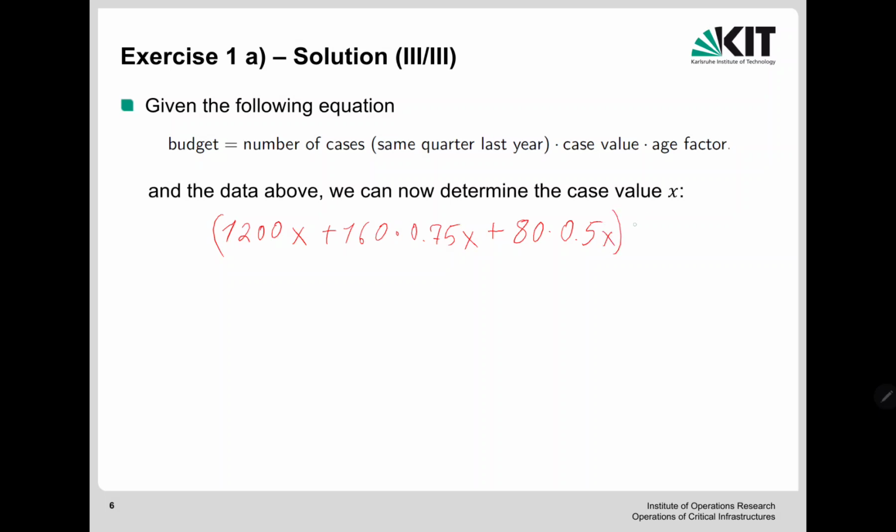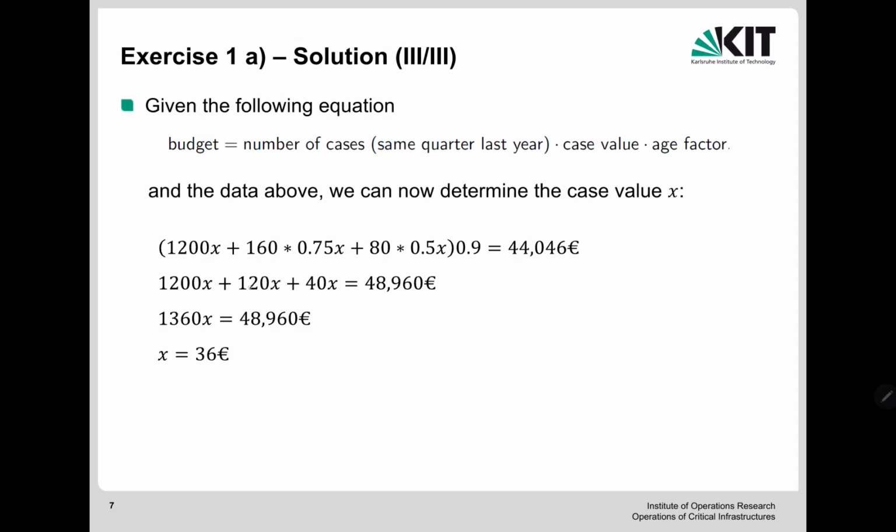And then we have the H factor, which is 0.9 in our case. And we should get an overall budget of 44,064.